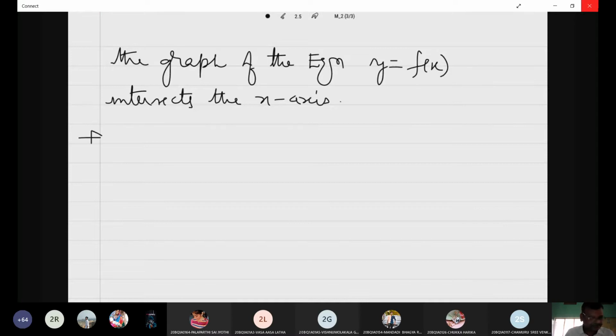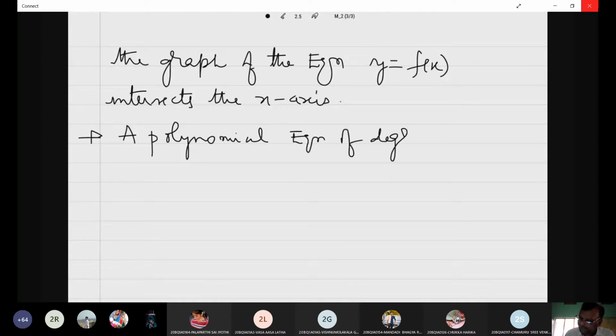Now note down that point here. Very, very important. A polynomial equation of degree n has exactly n roots.